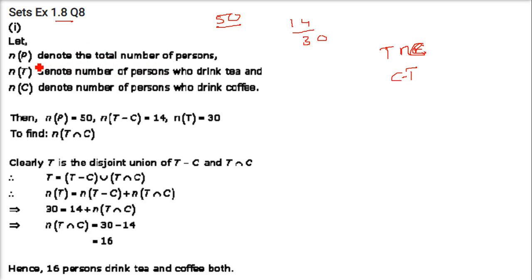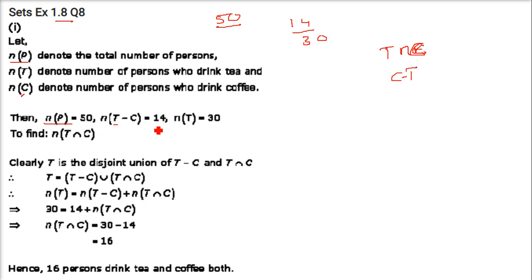So here we take n(P) as the number of persons, T as the number of persons who drink tea, and C stands for people who are drinking coffee. Now the total number of persons is 50, and T minus C is those 14, who drink tea but not coffee.